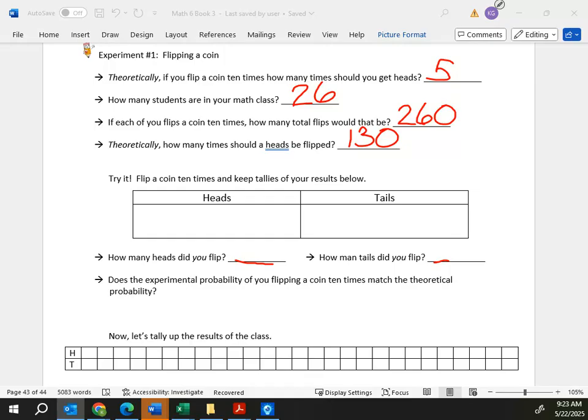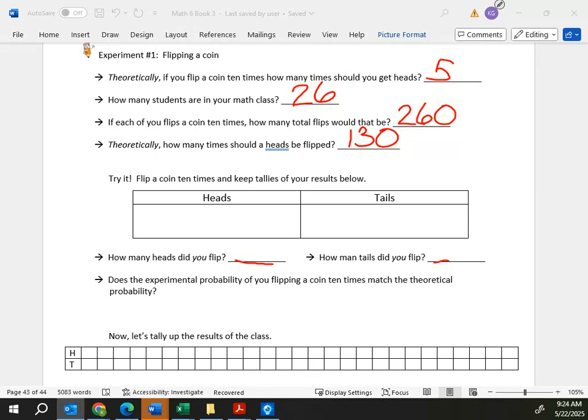You will talk about theoretical and experimental probability again next year. And next year is going to be more in-depth, and you will do pennies and dice next year. So since I teach both classes, I have both in my bag. We are just doing the penny part today. Next year, you'll get to do both penny and dice. Okay, so we're just doing this part today.